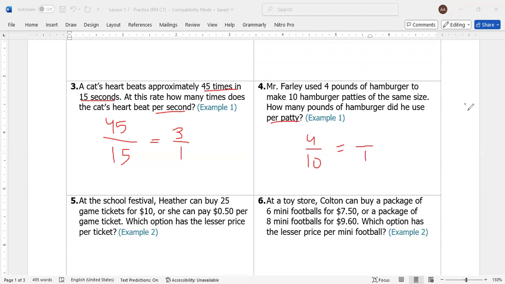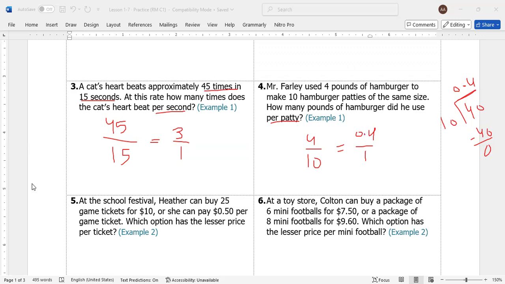So again we will divide 4 by 10. You can see 4 is less than 10, we can't divide it. So we are stuck here, we will put the decimal, and the decimal will give us a 0. 4 times 10 is 40, and this will be 0. So it means in one patty there are 0.4 pounds. This is the decimal here, okay.